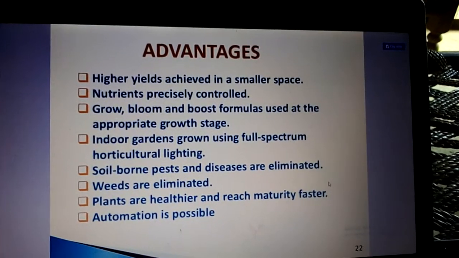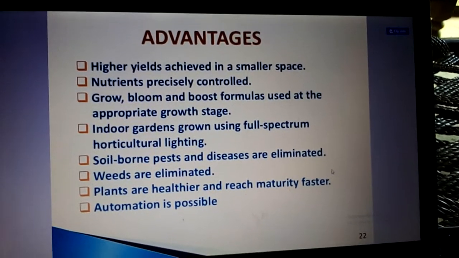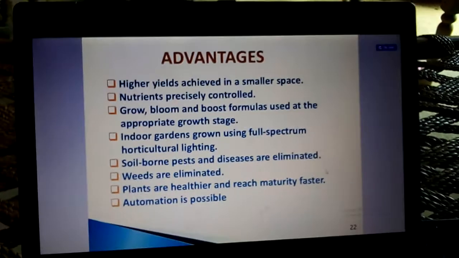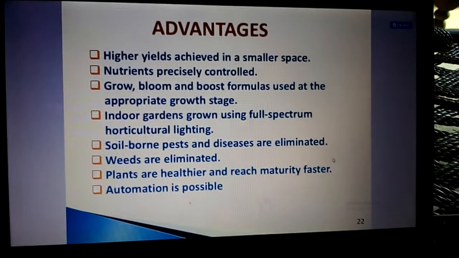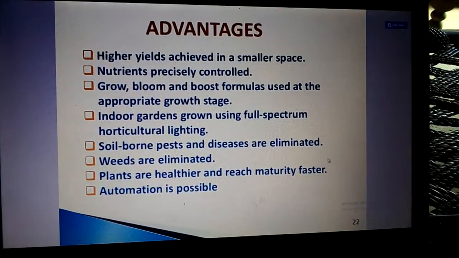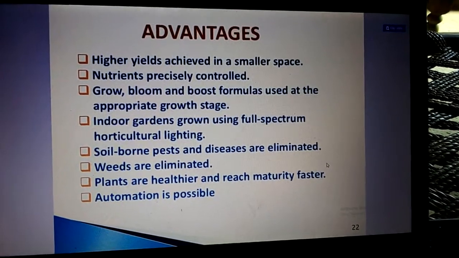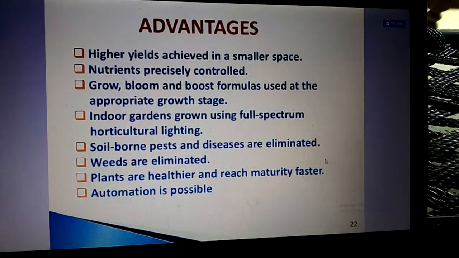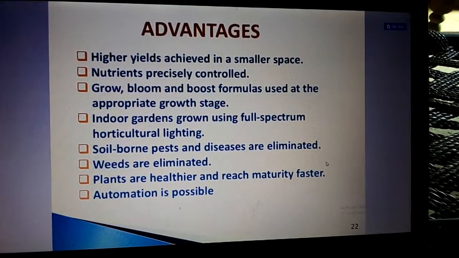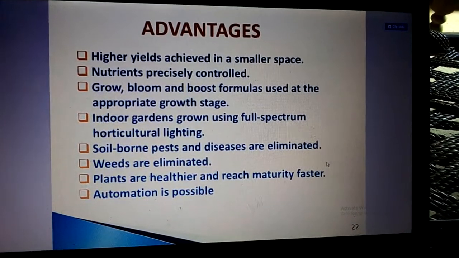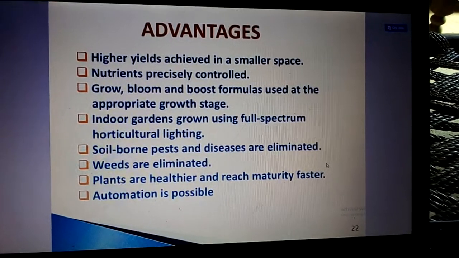Now what are the advantages of the hydroponic system? We can get higher yield achieved in a smaller space. Nutrients are precisely controlled. We can use grow, bloom and boost formulas at the appropriate growth stage.